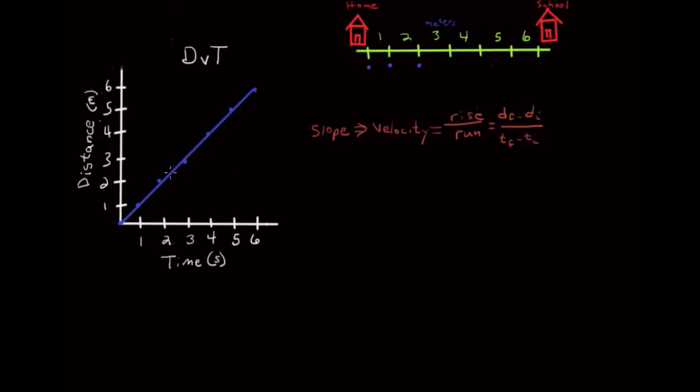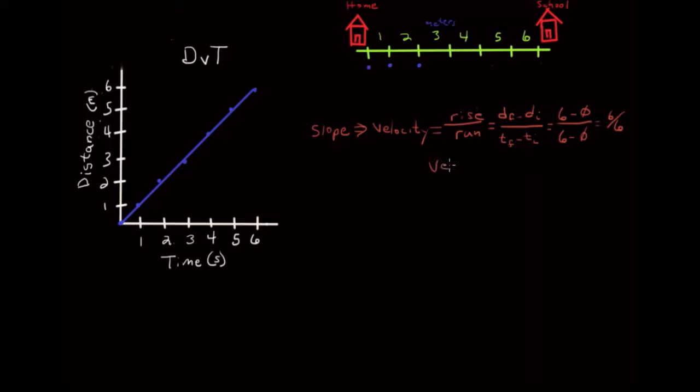Now we can do this on any part of this slope, right? We can take it from 2 seconds to 3 seconds, from 0 to 6. So let's just do that. Let's go 6 meters minus 0 meters, over 6 seconds minus 0 seconds, gives us 6 over 6.